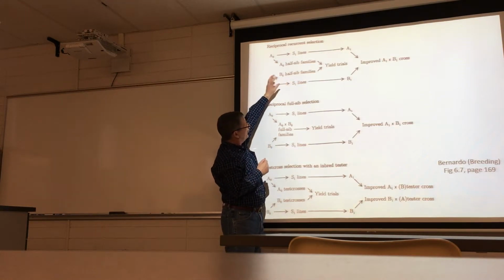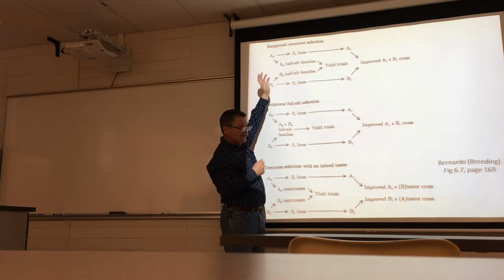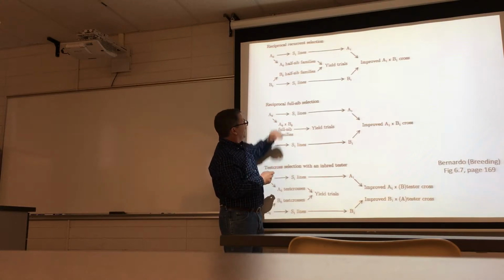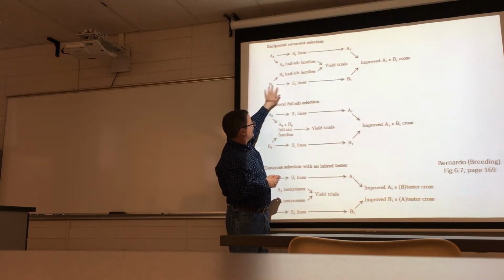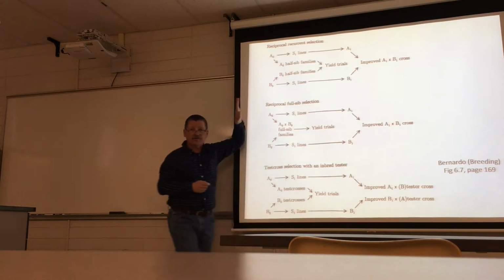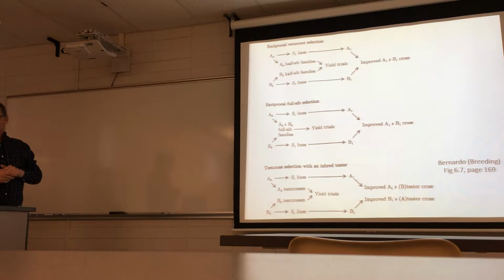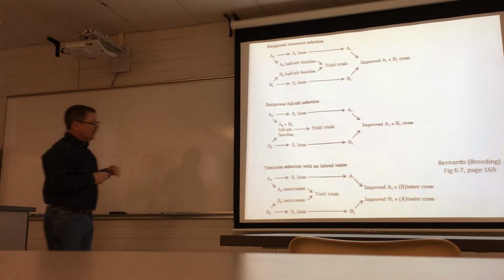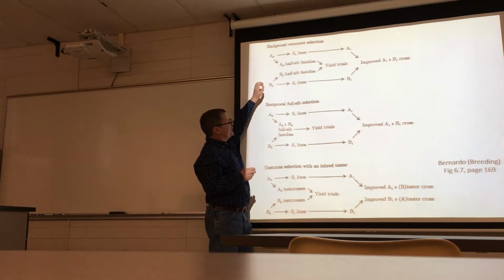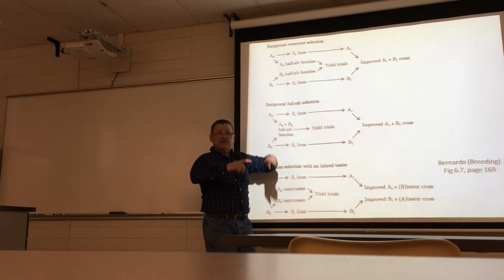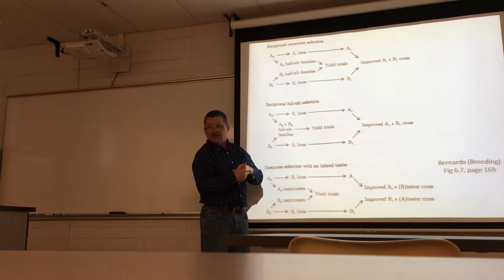You evaluate those half-sib families in yield trials, depending on how much seed you can get and so forth. And then at the same time, you're self-pollinating those individuals. Remember we talked about that in the last session before break, that the seed from the individuals that are evaluated is not used to recombine for the next cycle.